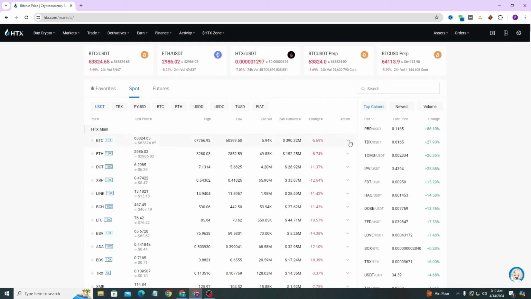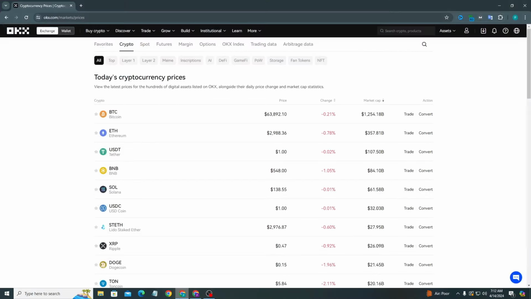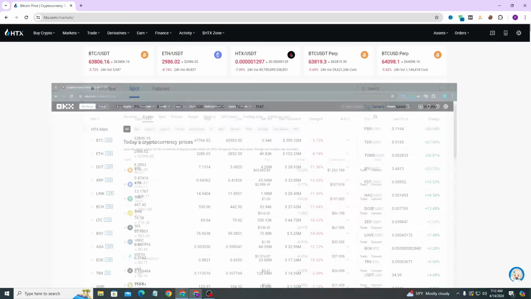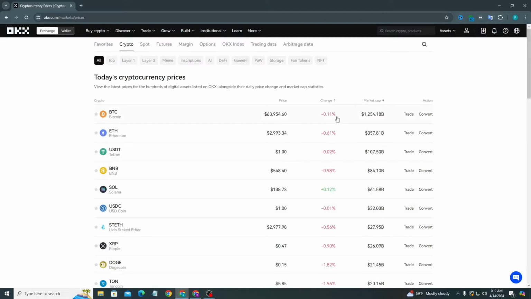You can see the changes option over here, and the change is very high. In OKX it is around 29%, and in HTX it's around 5%. That is the major difference.